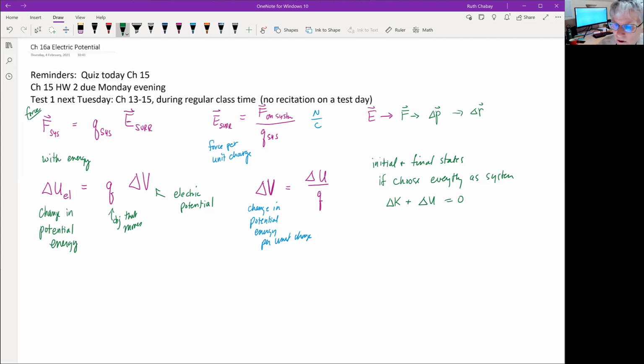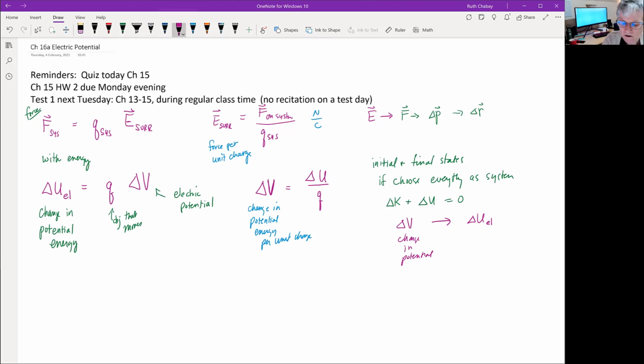But what we're going to do is this extra step of having a change of electric potential, which will lead to a change in electric potential energy for a system. So that's the game we're going to play.